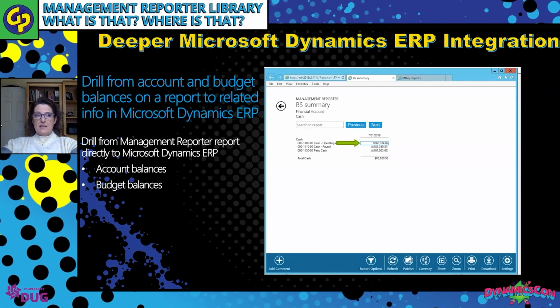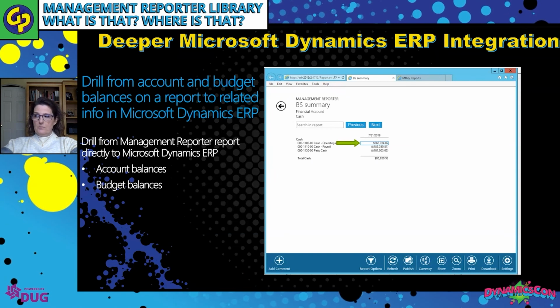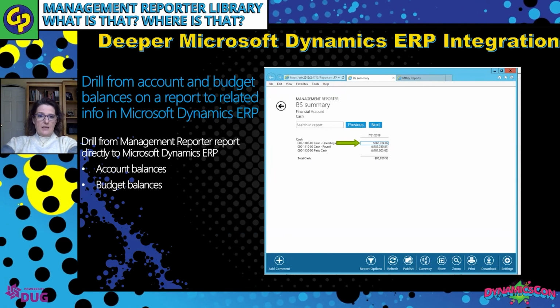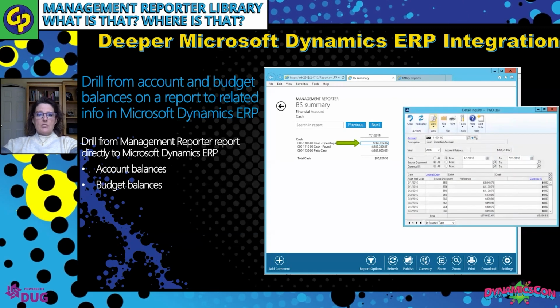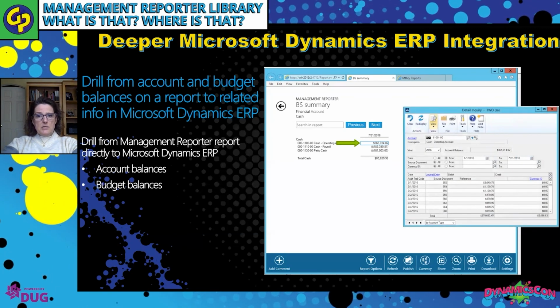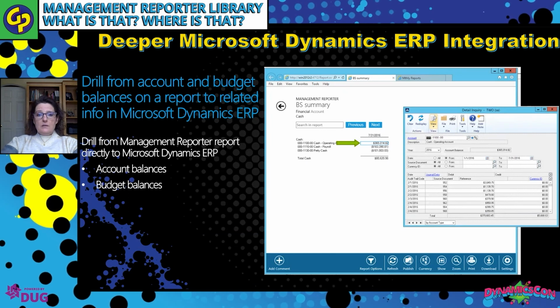So if you're doing a consolidated report, you might have to do a little flipping back and forth if you want to use this functionality. But when you double click on the account level, it will actually open the detail inquiry screen and fill in the information for you.